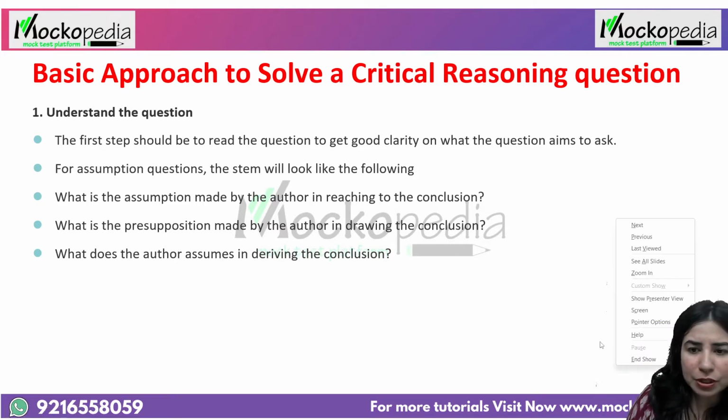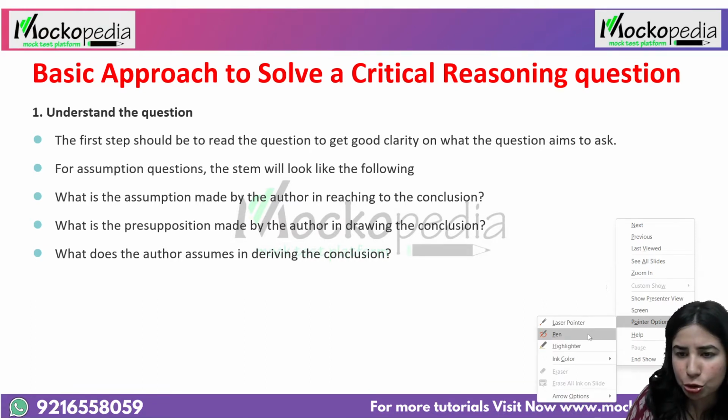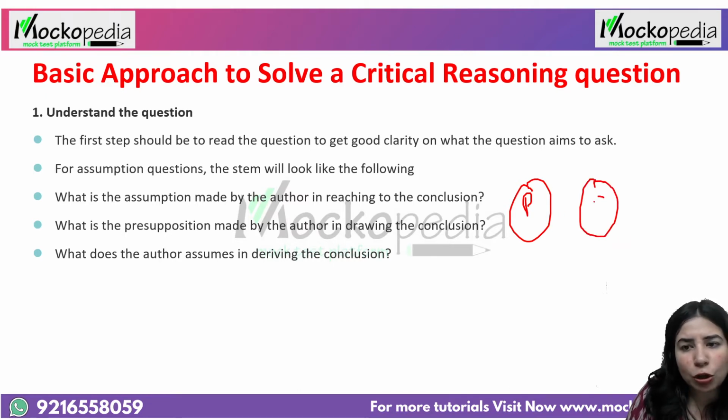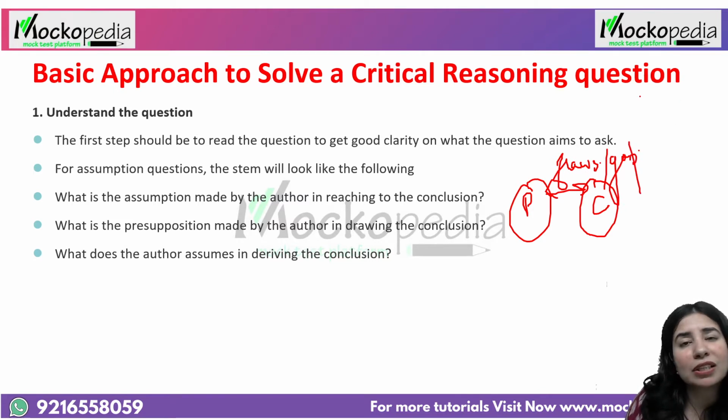So what do you do? See, if I explain it to you, there is a premise or evidence, both these terms I can use interchangeably, and the author wants to reach the conclusion on the basis of the premise. At times there are logical flaws in the argument, we might also call it a gap, which is not taken into consideration by the author while establishing the argument.